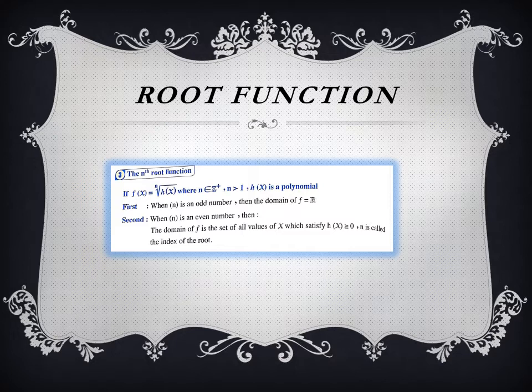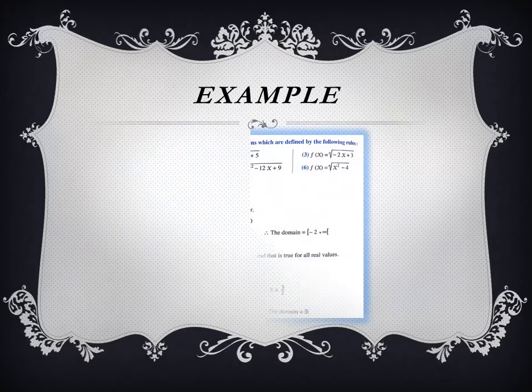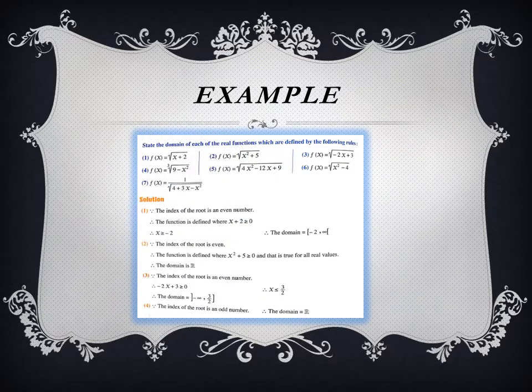What if the root was an odd number, like the cube root? Then the domain is going to be R, just like that.